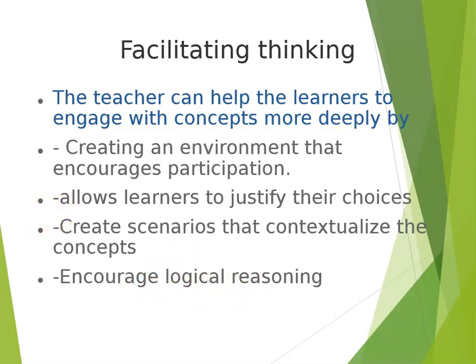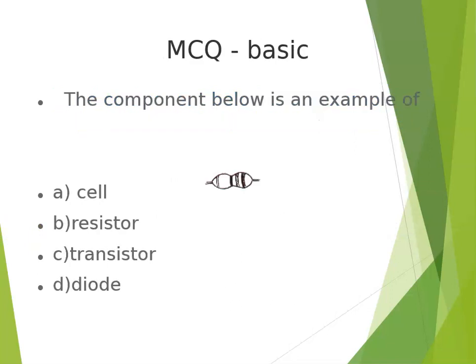Now, what I'd like to do now is to talk a little bit about multiple choice questions, which are used quite often in a classroom setting in different subjects. The one I'm presenting here is taken from technology or physics, and it is to do with an electrical or an electronic component.